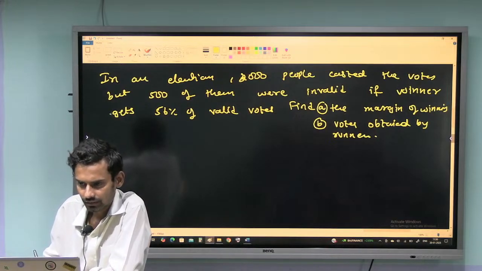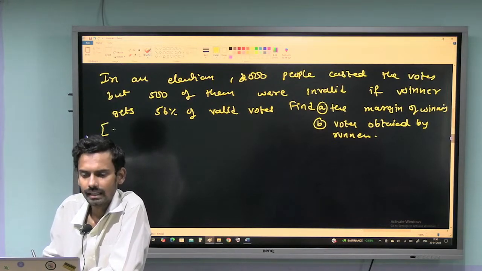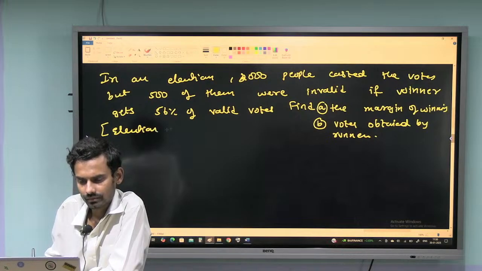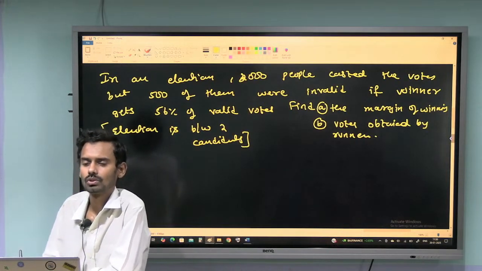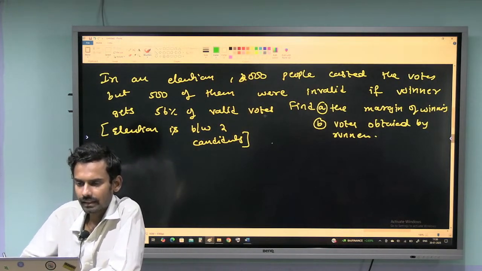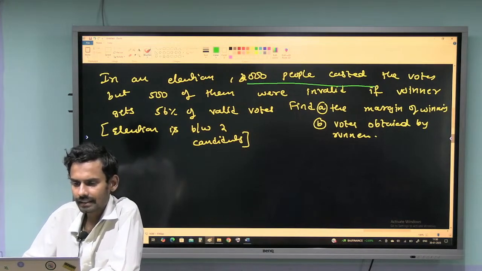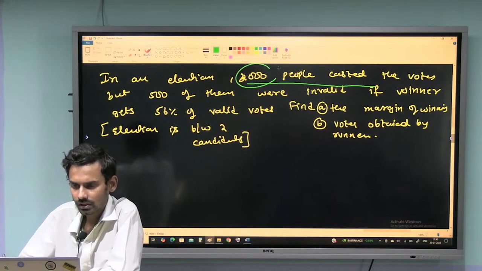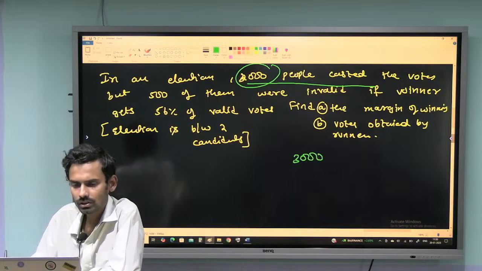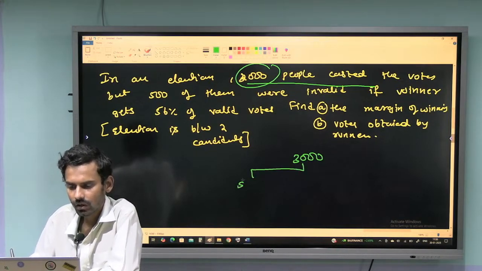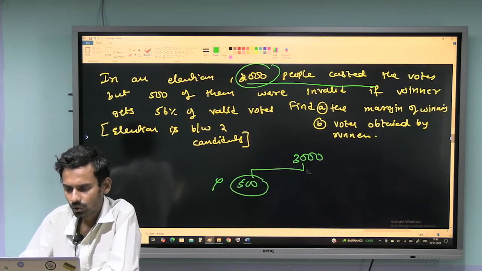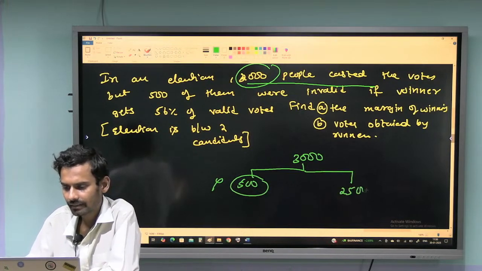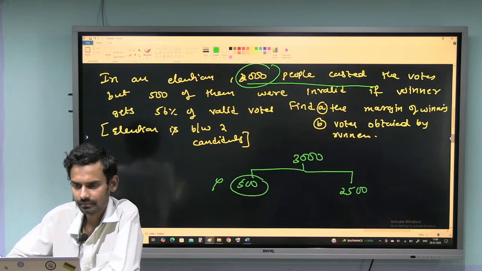Here I will be giving that the election is between two candidates. So here the number of people who cast the vote is nothing but the number of votes. I have 3,000 votes, out of which 500 are invalid. If 500 are invalid, only 2,500 are valid, isn't it?